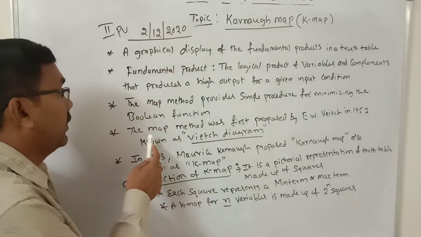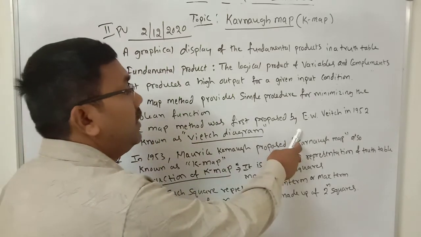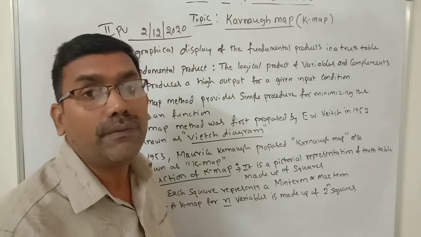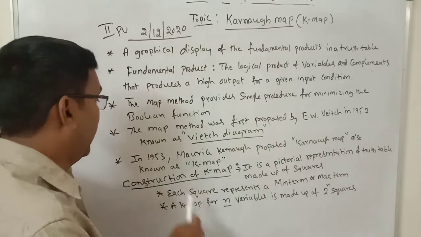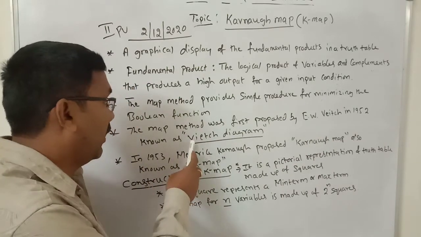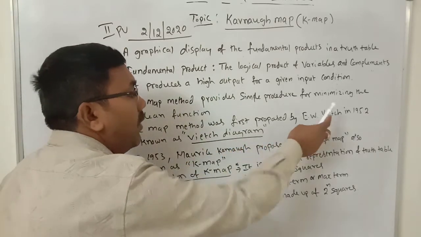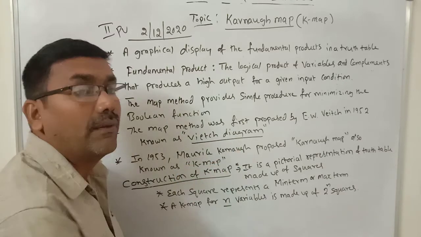The map method was first proposed by E.W. Veitch in 1952, known as the Veitch diagram. ಬಟ್ ನಿಮ್ಗೆ ಇದು ಸಿಲೆಬಸ್ ಅಲ್ಲಿ ಇಲ್ಲ. ಬಟ್ ಗ್ರಾಫ್ ರೆಪ್ರೆಸೆಂಟೇಷನ್ ಮೊದಲು ಕಂಡುಹಿಡಿದವರು E.W. Veitch in the year 1952, and that representation is called a Veitch diagram.